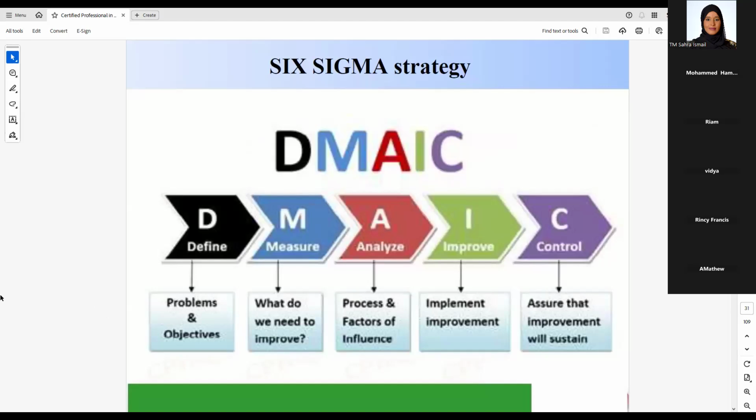But during, for example, the define and measure phases, you could also use elements of lean, where you do your process design, your analysis, process mapping and diagrams, and you go through it to identify where the waste is happening.